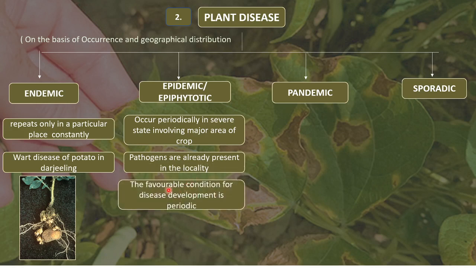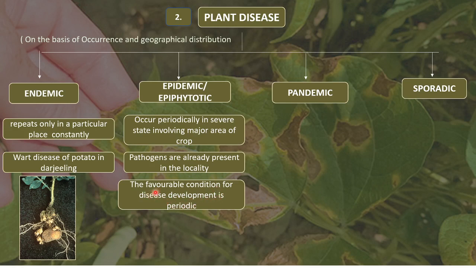So as and when a favorable condition for disease development is available, the pathogen will start developing. That favorable condition could be a moist condition, could be a rainy condition. When the pathogen starts getting that favorable condition, the pathogens present in the locality will become active and will infect the plant. So this favorable condition of disease development is periodic.